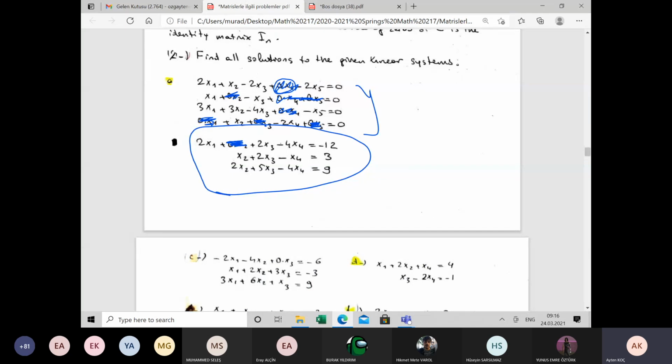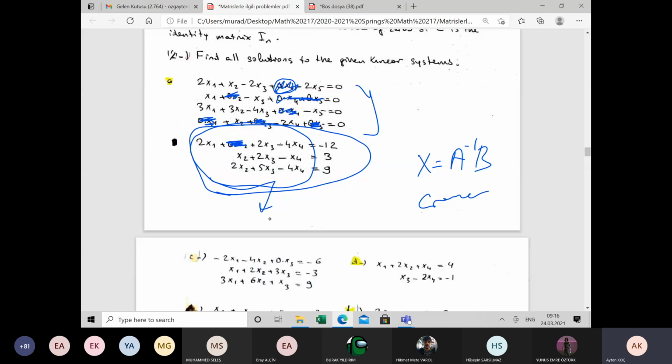So how do we solve any linear system? We have Gauss-Jordan reduction or Gauss elimination, or X equals A inverse B, or Cramer's rule. But look at this one: the coefficient matrix is not square.